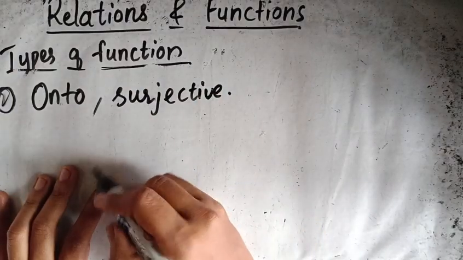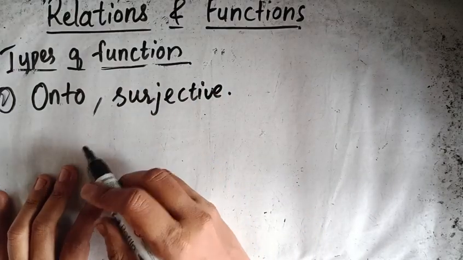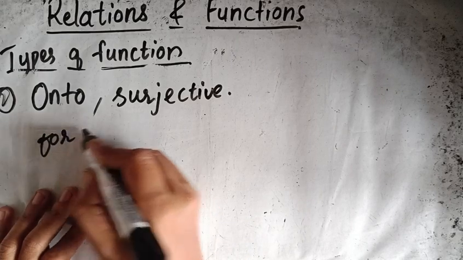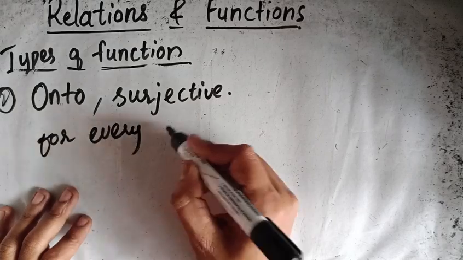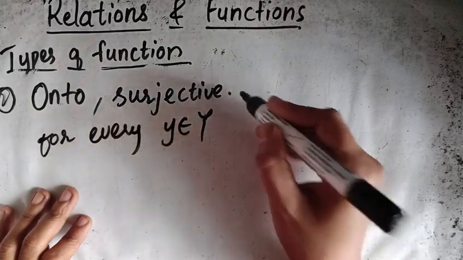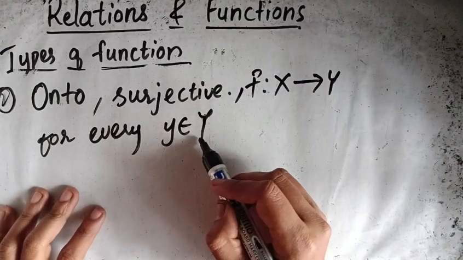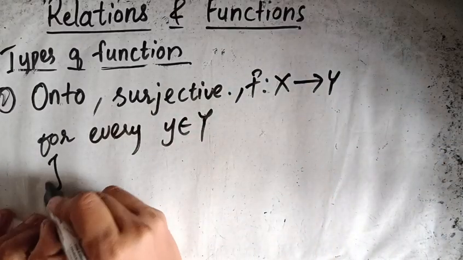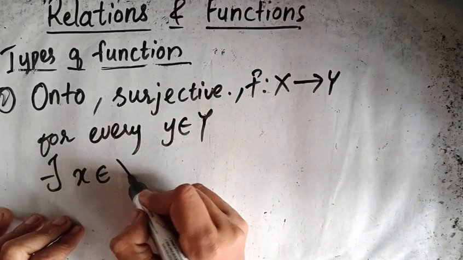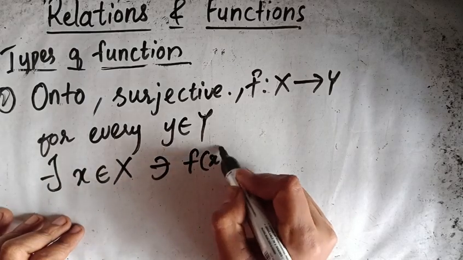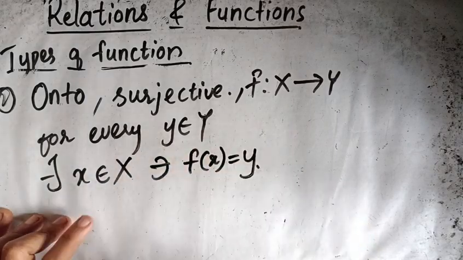So if every element of y is the image of some element of x under f, that is, for every y belonging to y, if the function is defined from x to y, okay, there exists x belonging to x such that f of x is equal to y.